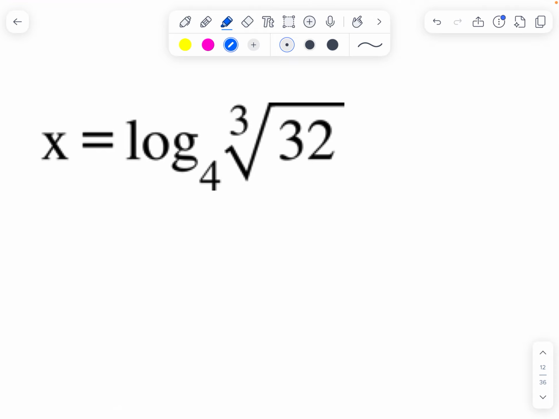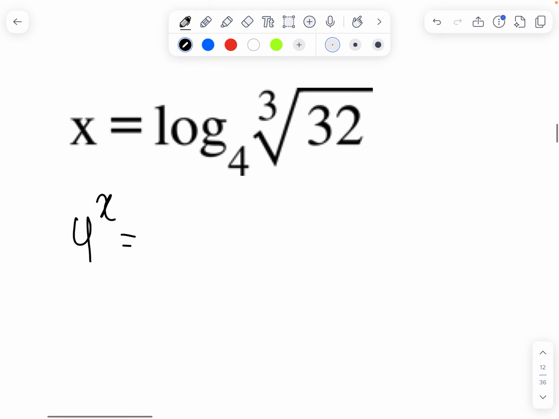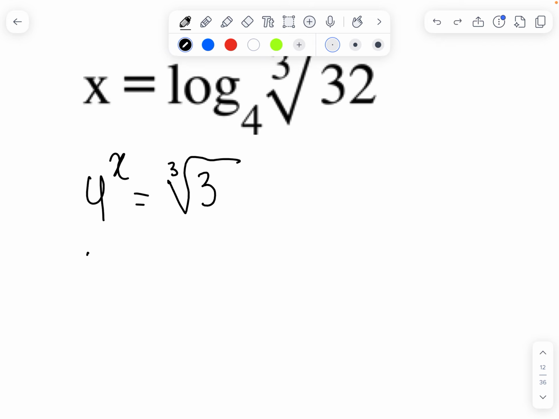So for this one, you can also use a calculator, but I'm still going to do this on my own. So if we convert, 4 to the power of x equals the cube root of 32.